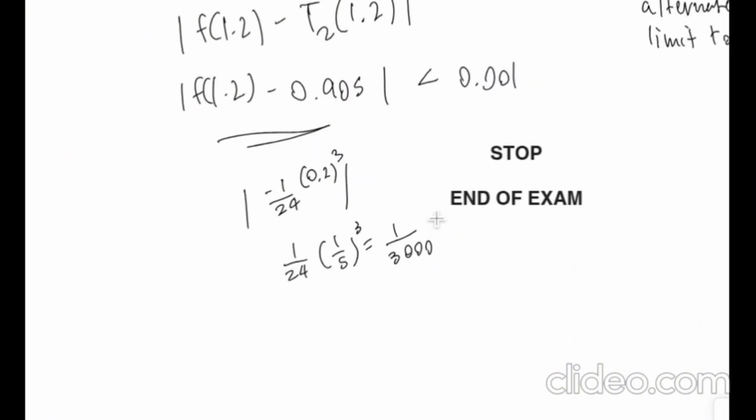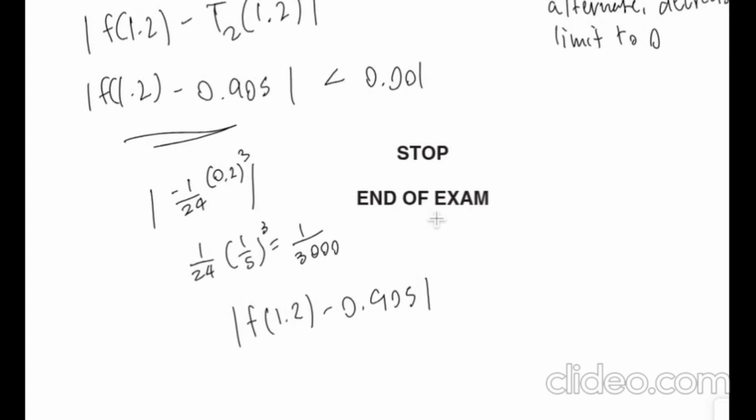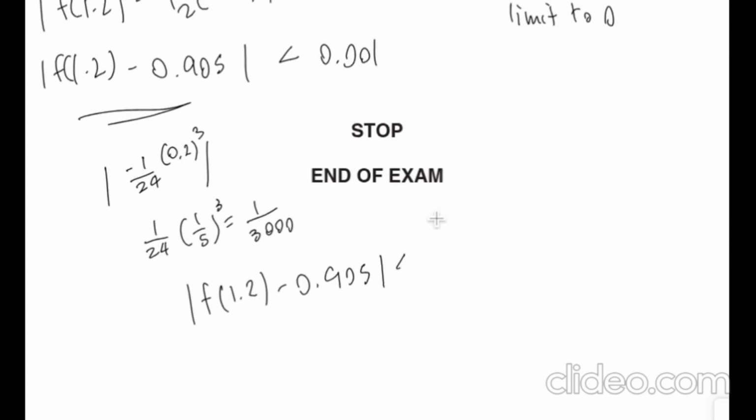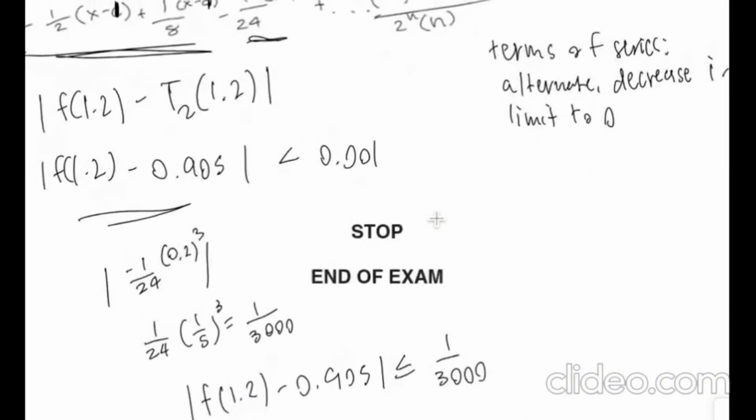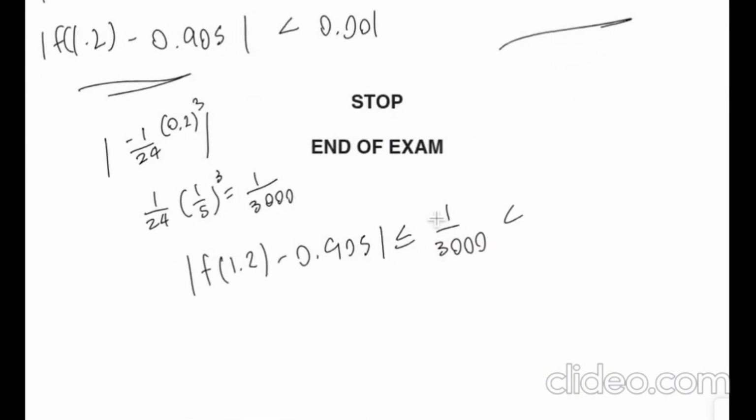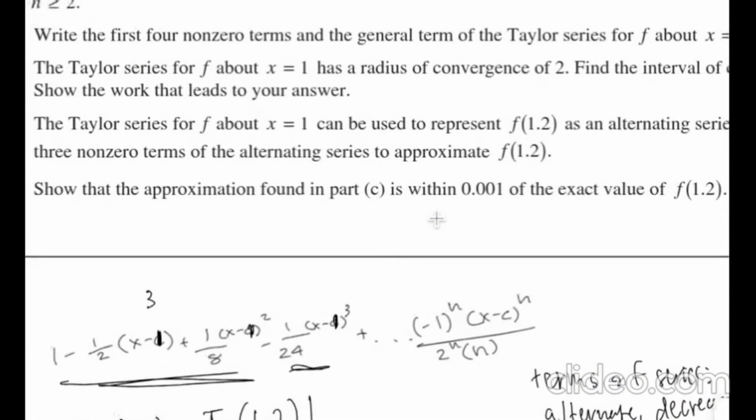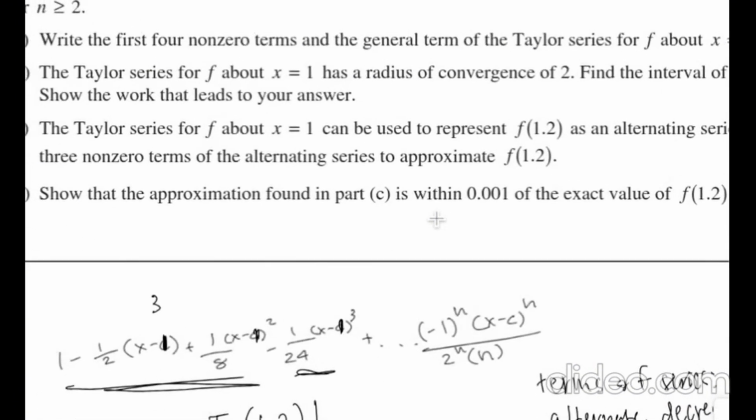And since the error of the approximation must be at most 1 over 3,000 as stated here, we know that 1 over 3,000 is obviously less than 1 over 1,000, and therefore it's within 0.001 of the exact value.